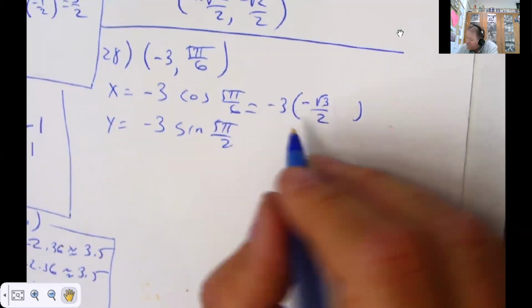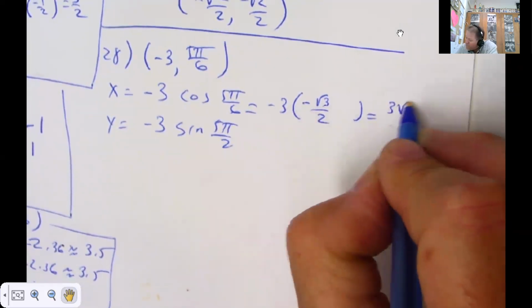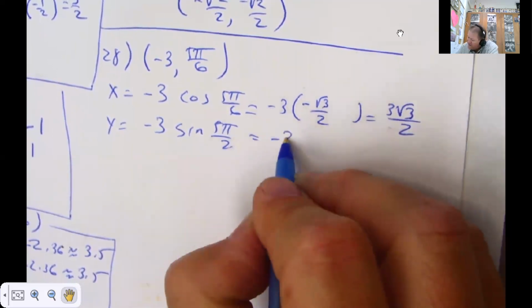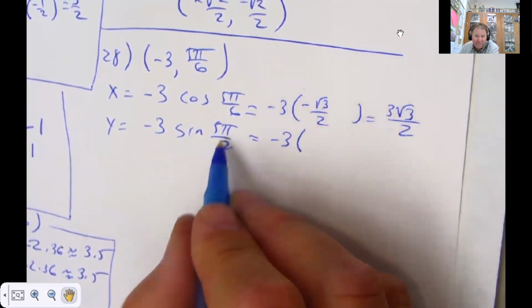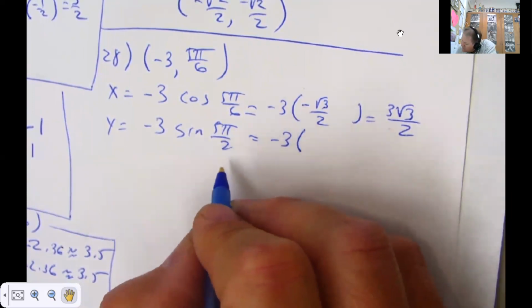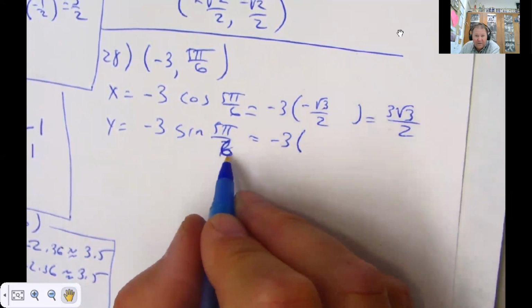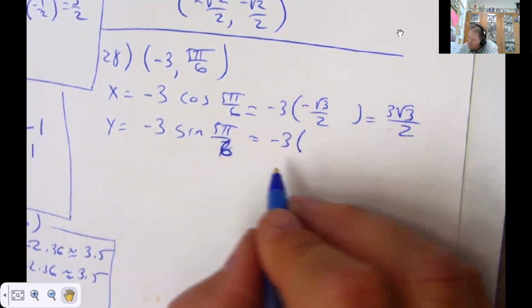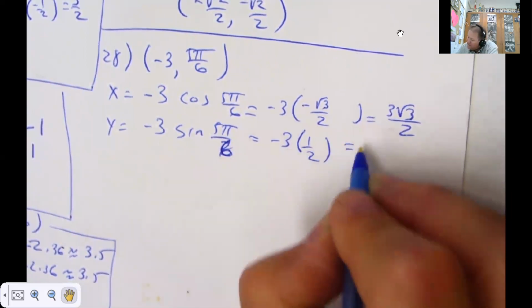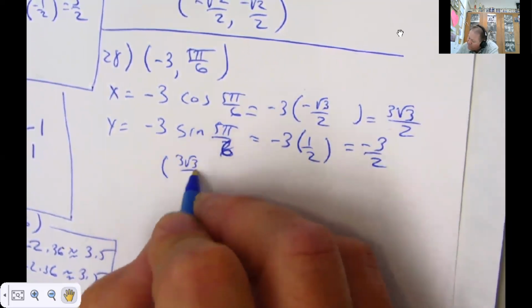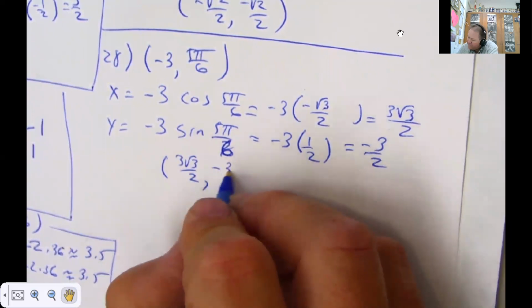Two negatives cancel, and that's going to be 3 root 3 over 2. And for sine, it's -3, and the sine of 5 pi over 6 is 1/2. So it's -3/2. So it is 3 root 3 over 2, comma, -3 over 2.